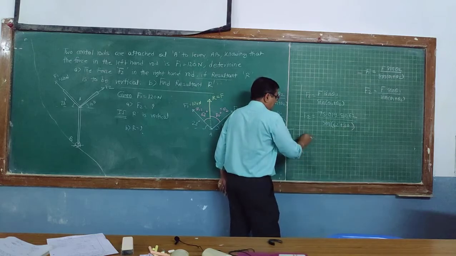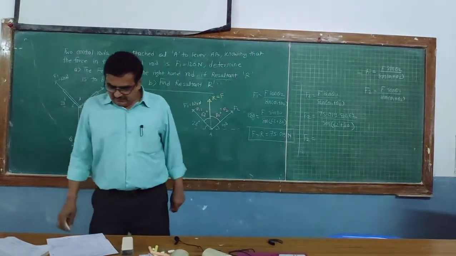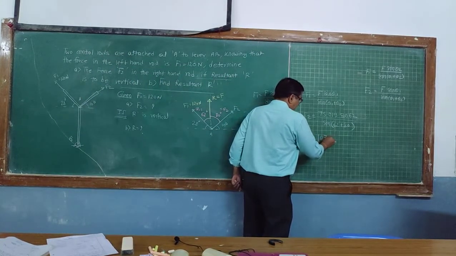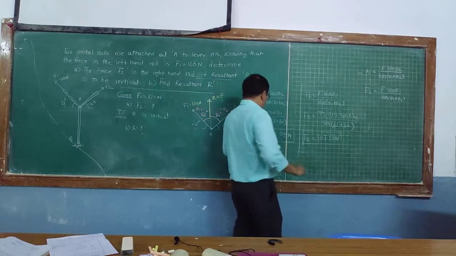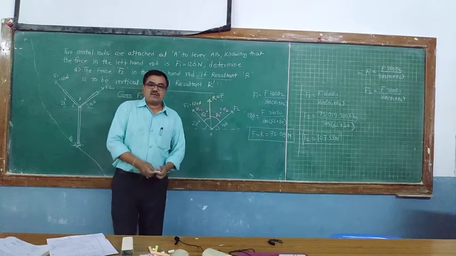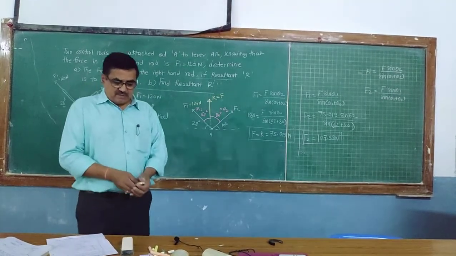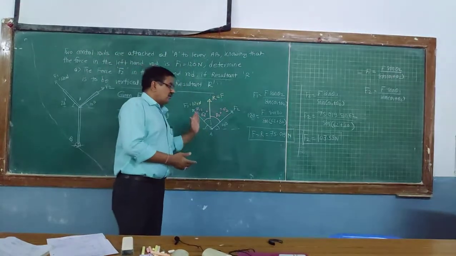Only one unknown is there in the equation, and that unknown is force F2, which is equal to 107.58 Newton. So in this way, the concept of skew resolution can be used for this problem. This is an application of the skew resolution formulae to solve a problem.